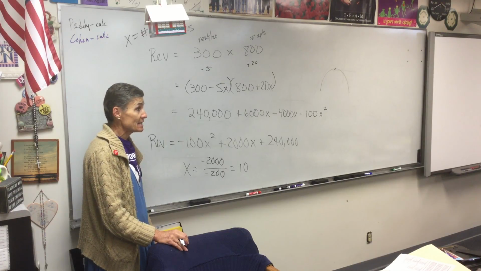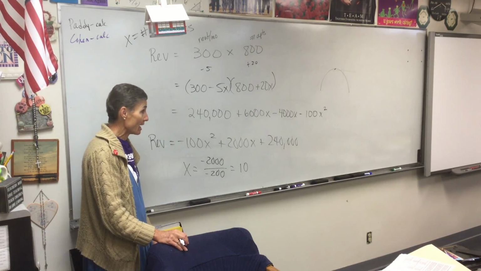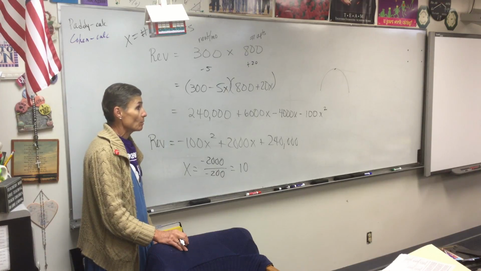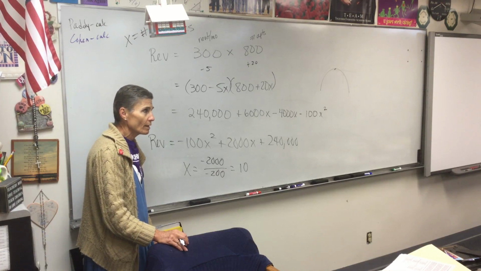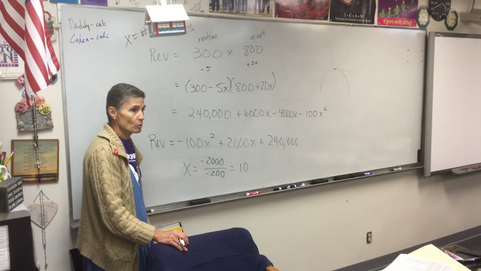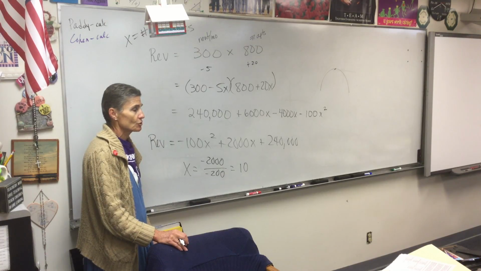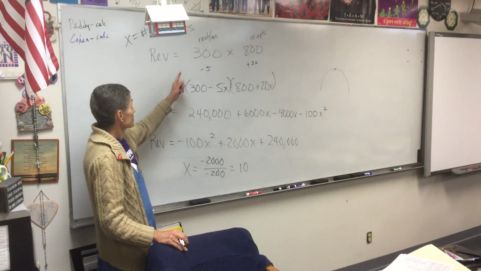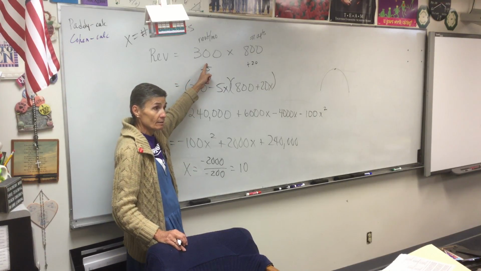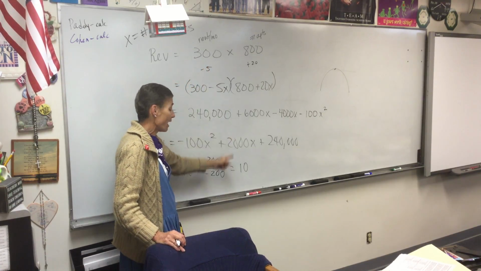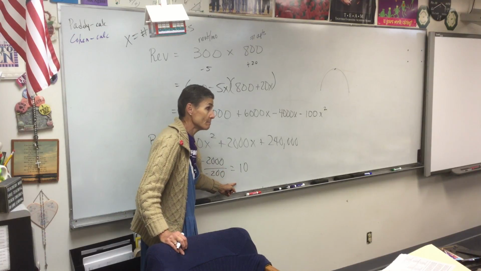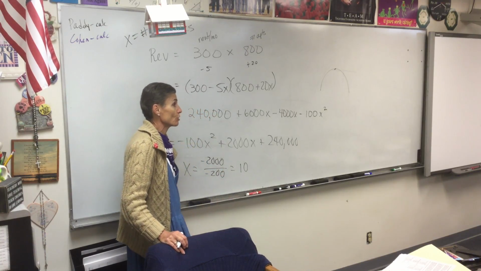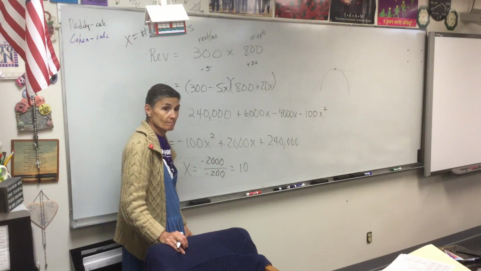So if I am decreasing 10 times, then what is my optimum rent price to get the most money I can? $250. Because it started out at 300, you're losing 5 ten times, so you should charge $250.